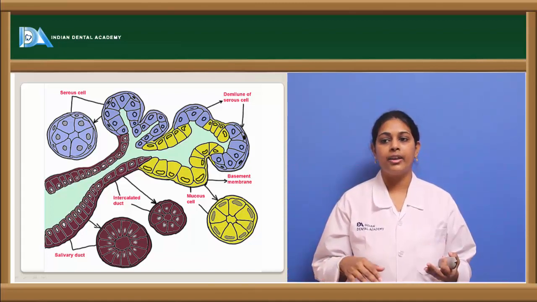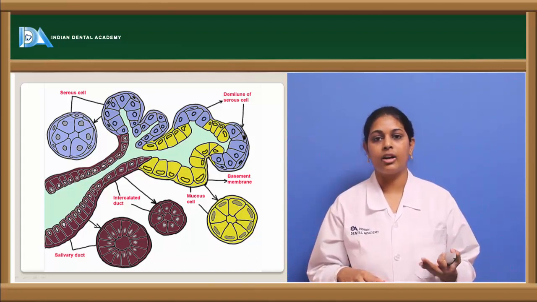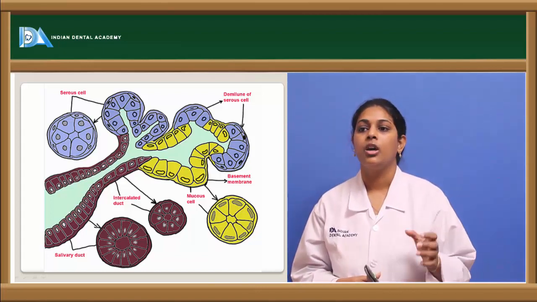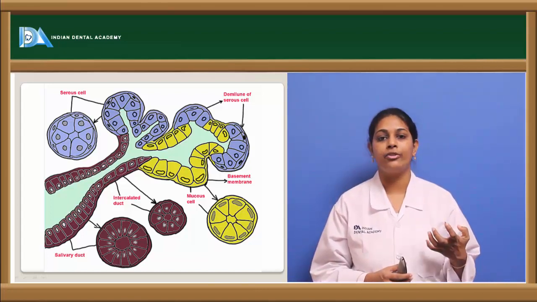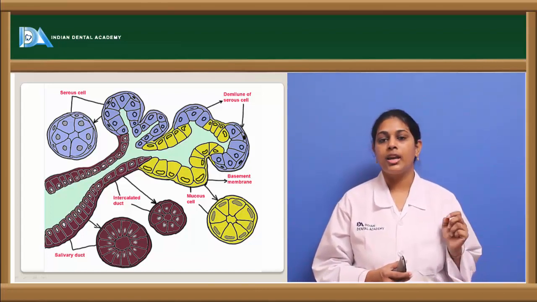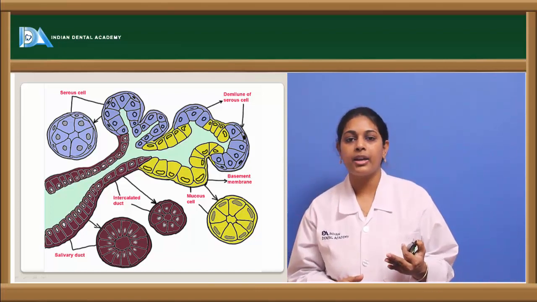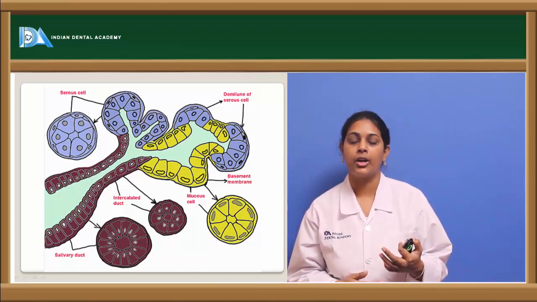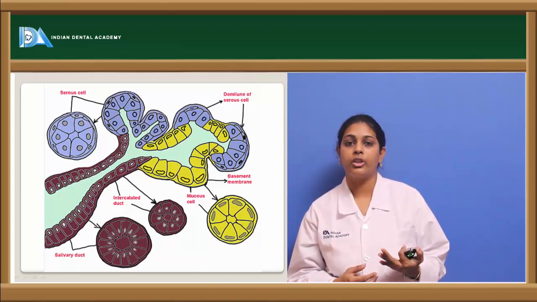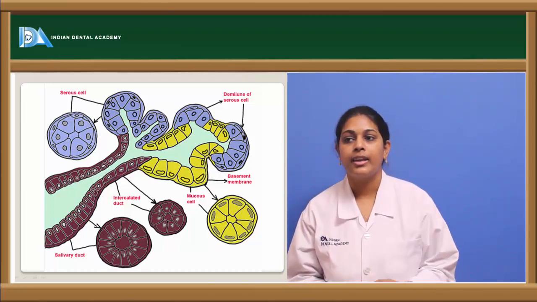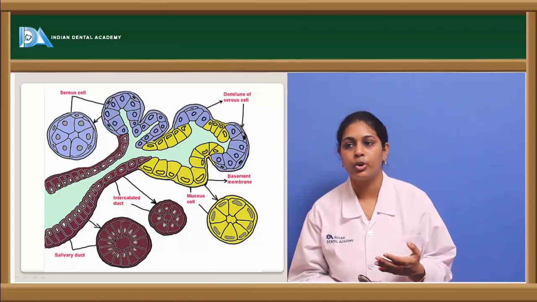And then among the salivary ducts, we see tall columnar cells with the nucleus placed away from the basement membrane towards the apex. Then coming to the intercalated duct, which shows cuboidal-like cells with the nucleus at the center of the cell.